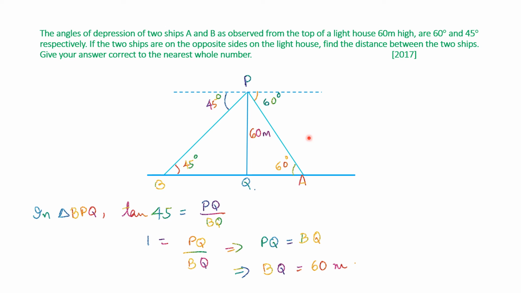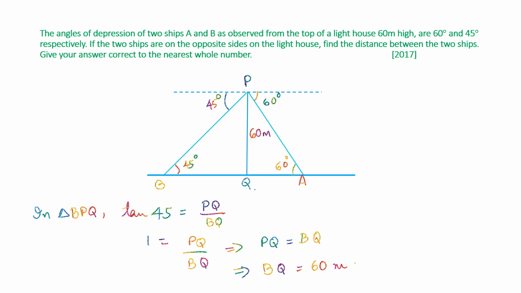Over here, I have shown the two ships, point A and point B. At point A, the angle of depression is 60 degrees, therefore this angle becomes 60 degrees. PQ is the building which is 60 meters high, and the second ship is at an angle of depression of 45 degrees. Therefore, this angle also becomes 45 degrees. And we want to find out the distance between the two ships, that is A and B.